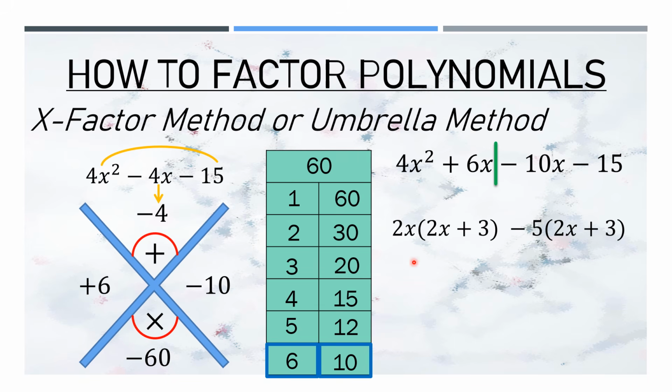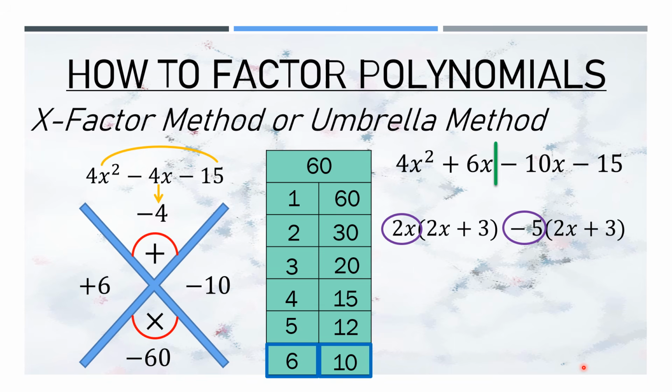Okay, kung mapapansin nyo, meron silang tulad na term. At iyon yung common factor. Okay, the common factor of the two terms is 2x plus 3. So, kapag magsusulat na tayo ng final answer, again, uunahin nating isulat ang common factor nila, and then tsaka natin pagtatabihin yung natirang terms.